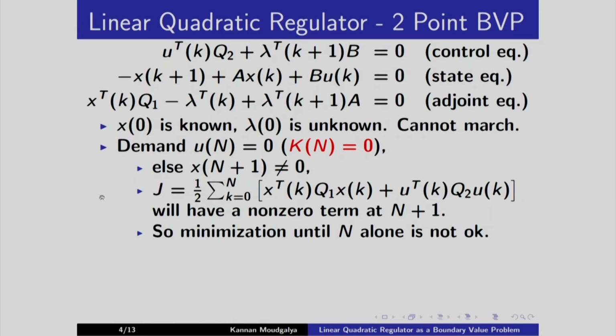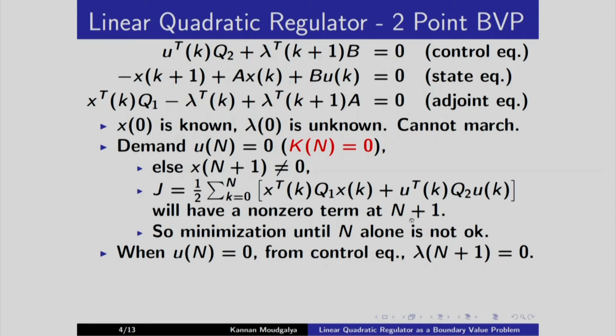What we will do is choose n to be large enough so that u n equals 0, and then all the problems that we discussed here will not happen. With u n equals 0, what happens? From the control equation, substitute u n equals 0, you see that lambda transpose of n plus 1 equals 0. I have substituted k equals n.